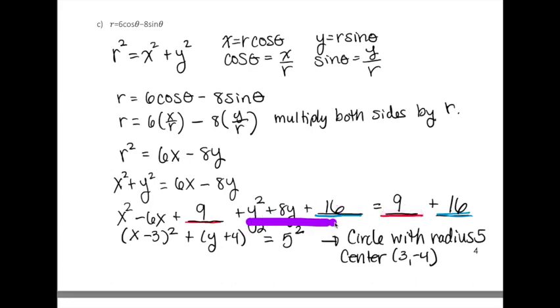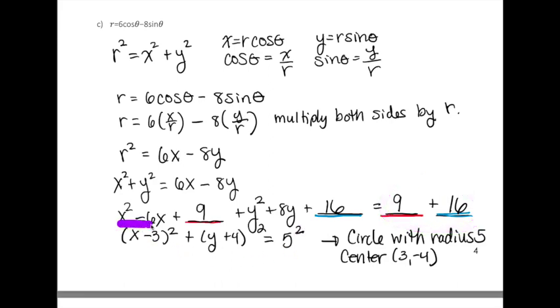For my y quantity, I'm going to take half of 8 and square it, that gives me 16, which means I need to put a 16 over here as well. Now, when I add up this side of the equation, I get 25, and I can write that as 5 squared.